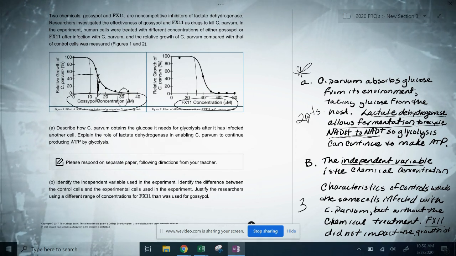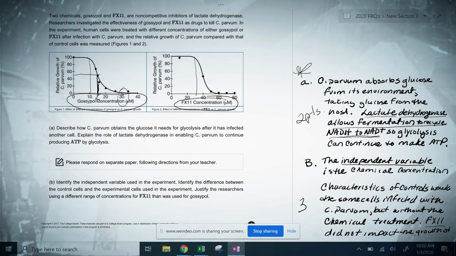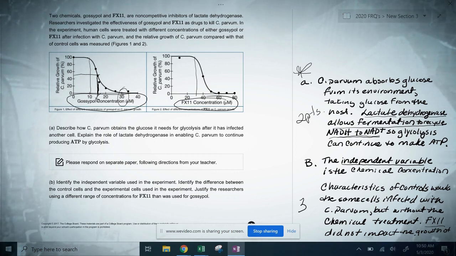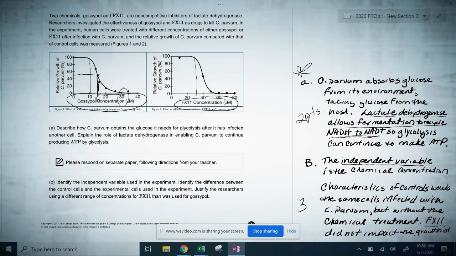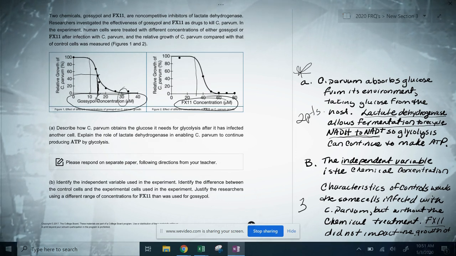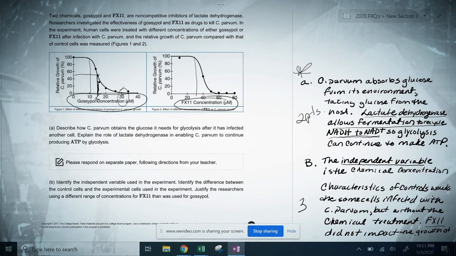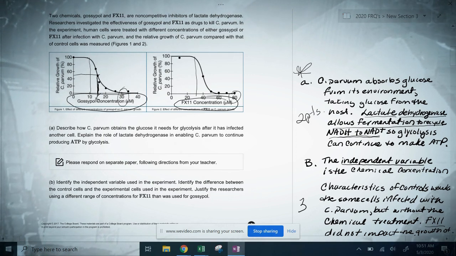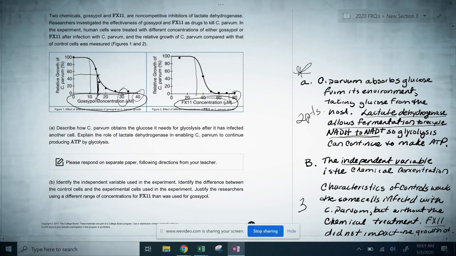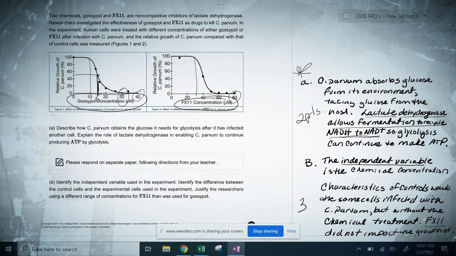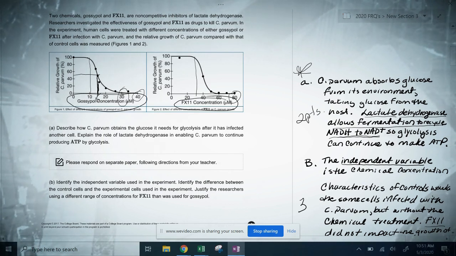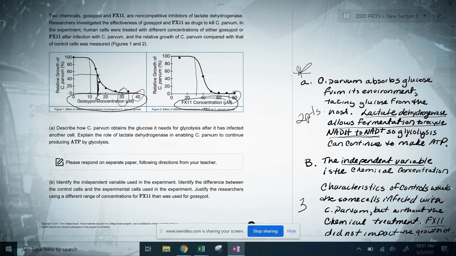And then justify the researchers using a different range of concentrations for FX11 than was used for gossypol. When you look at the concentrations, you can see that the maximum concentration over here in figure 2 is 80, where it's 40 here. And at 80, they went up that far, but nothing's happening from about 50, almost 60 on.